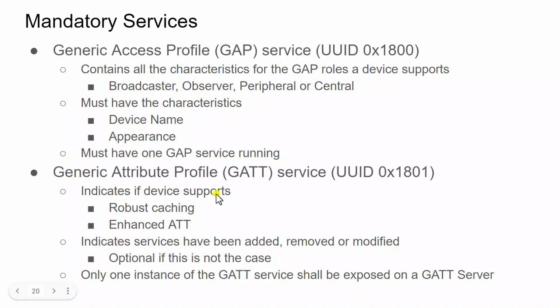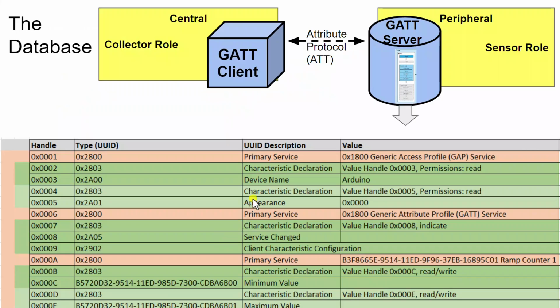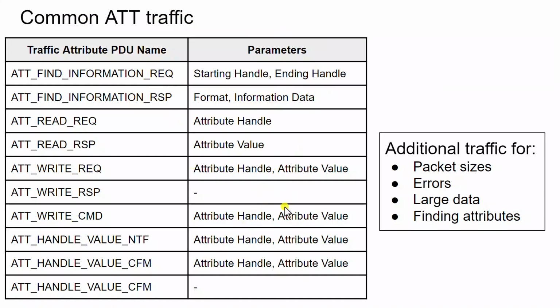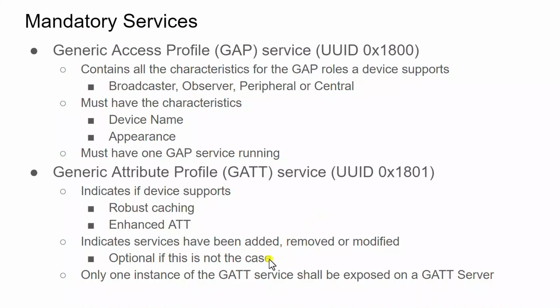Now, this thing that we've been seeing with this GATT service, which is the generic attribute profile service, indicates if the device supports robust caching, and some indications of additional details that it supports. It also controls the rule sets for how data is sent across there.